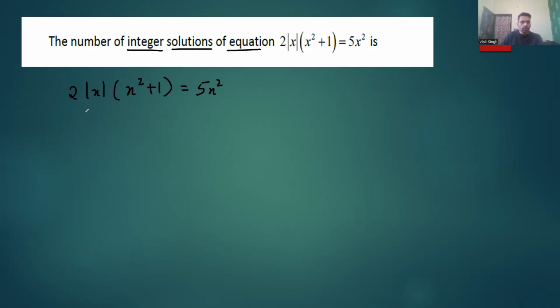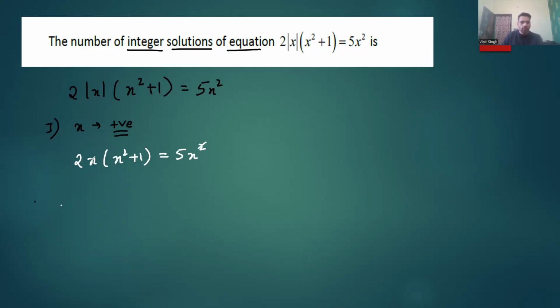So first of all, we will take either positive or negative. Case 1, x is positive. Now the equation becomes 2x(x square plus 1) is equal to 5x square.